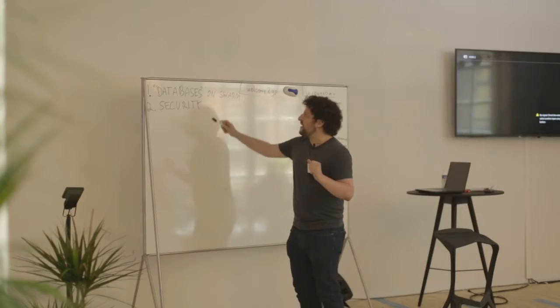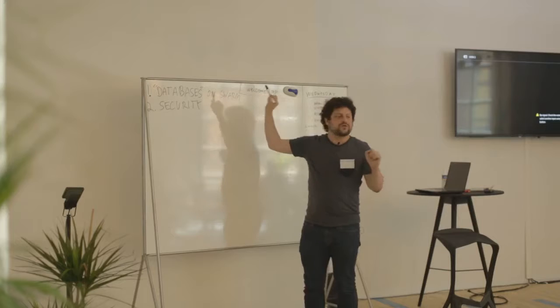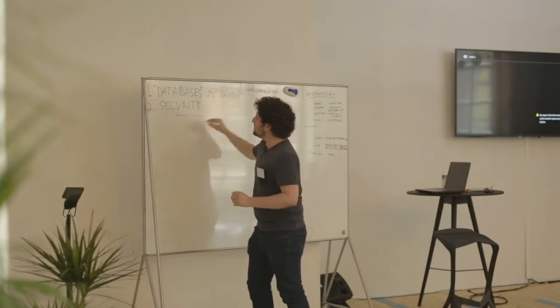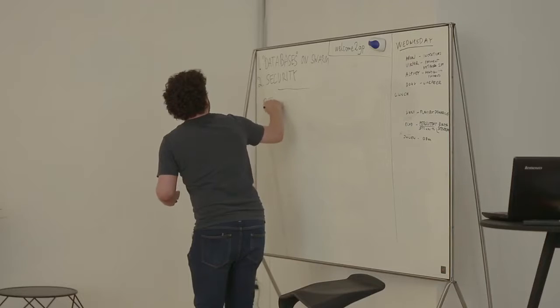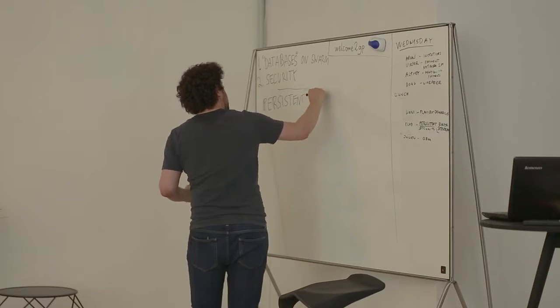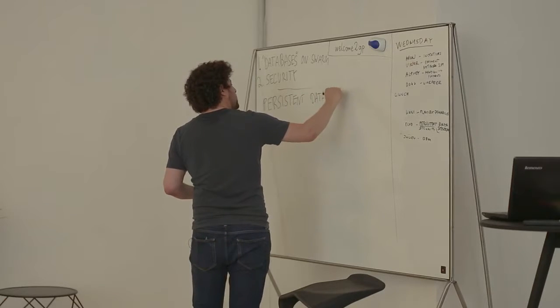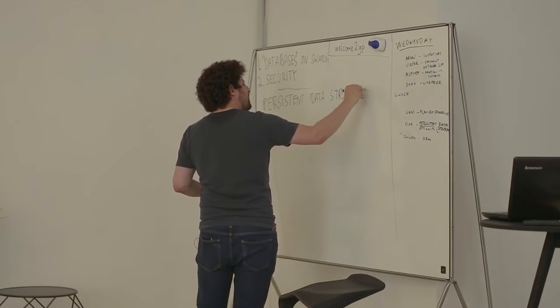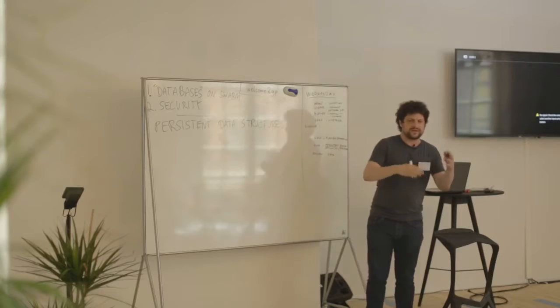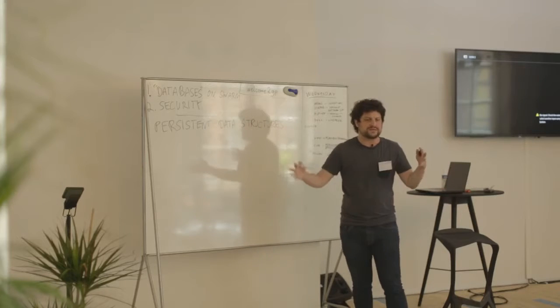What I'm going to tell you about is something called persistent data structures. Persistent data structures have existed since the 80s. They were invented by Bob Tarjan, I think, and there was a bunch of work in the 80s and 90s for inventing these.